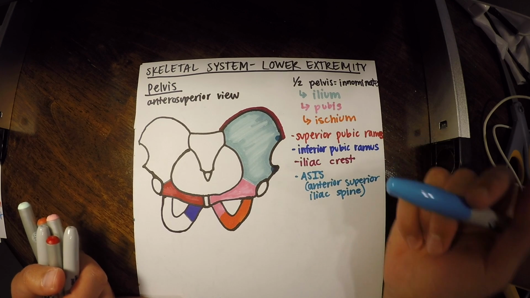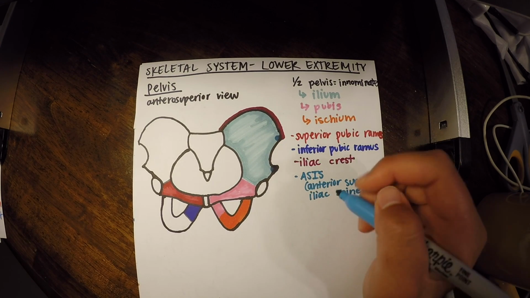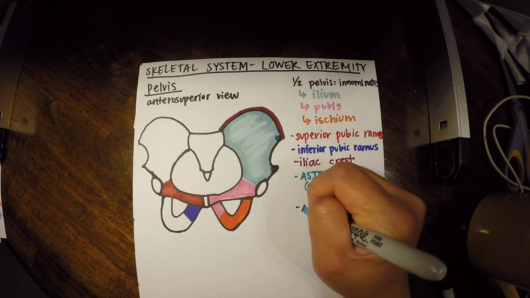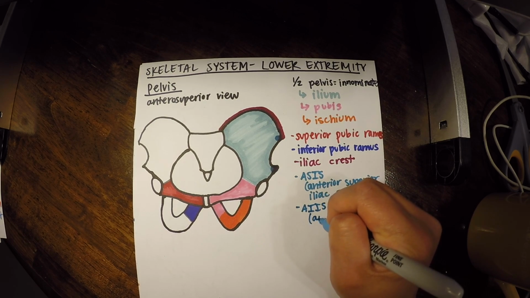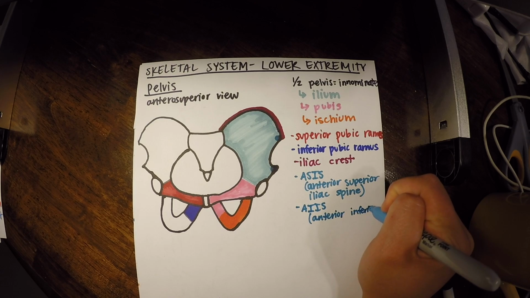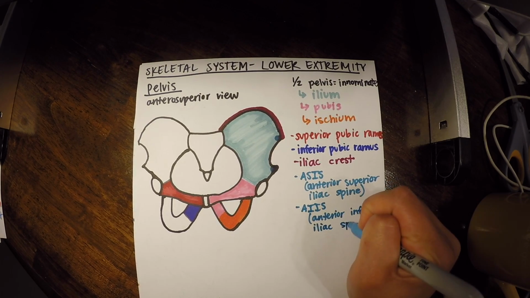So here's our ASIS, and then we also have an AIIS, which is anterior inferior iliac spine.